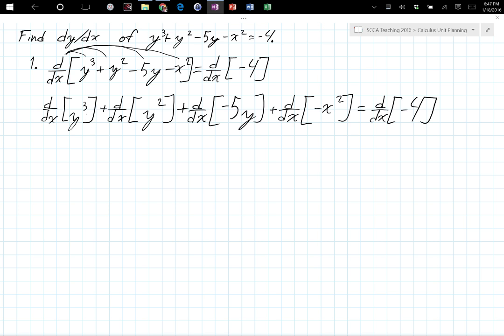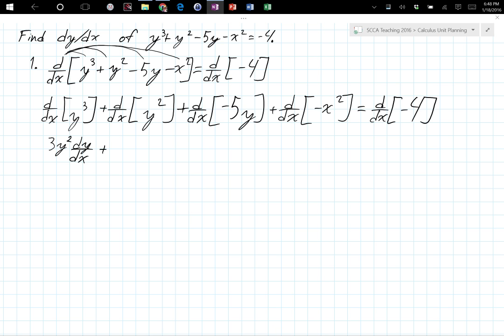So the derivative of y cubed is 3y squared from the chain rule. I'm going to use the generalized chain rule, generalized power rule, and dy dx, because I have the derivative of y cubed with respect to y, and then the derivative of y with respect to x.